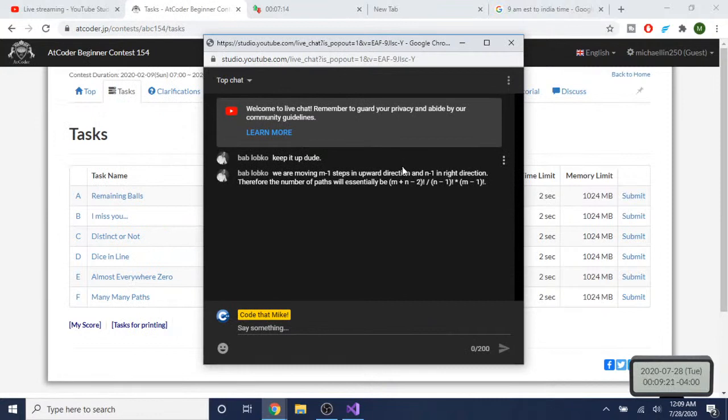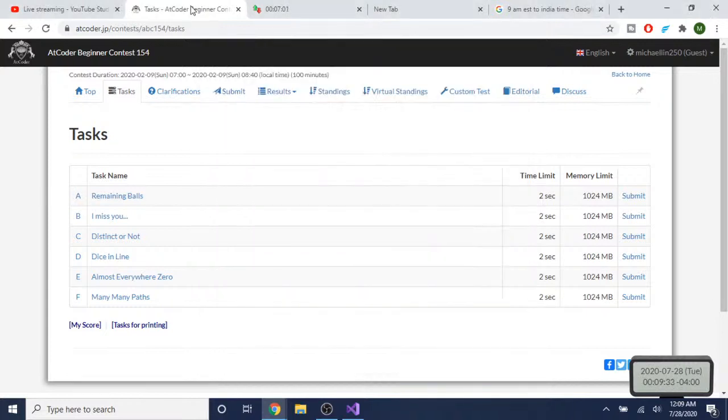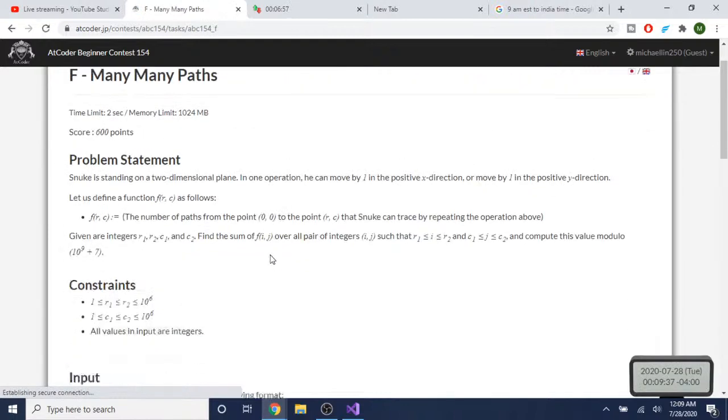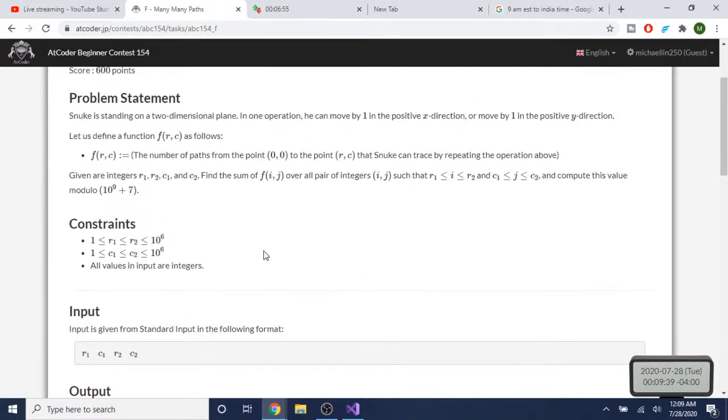So are you doing m plus n choose n? Or do you do n minus 1 choose m minus 1? Is that what you're doing? m minus 2 choose... So if we do, let's see.